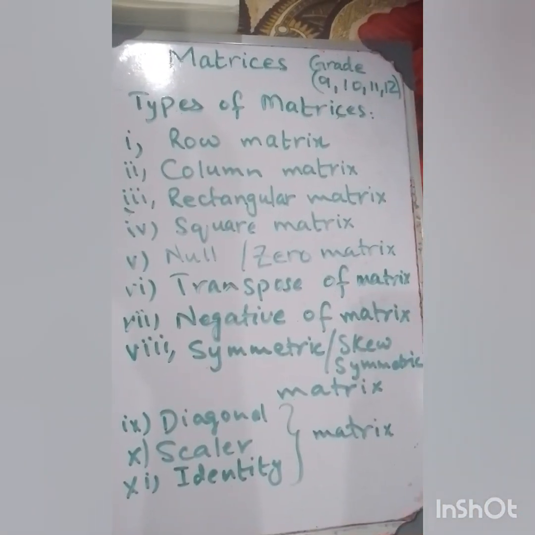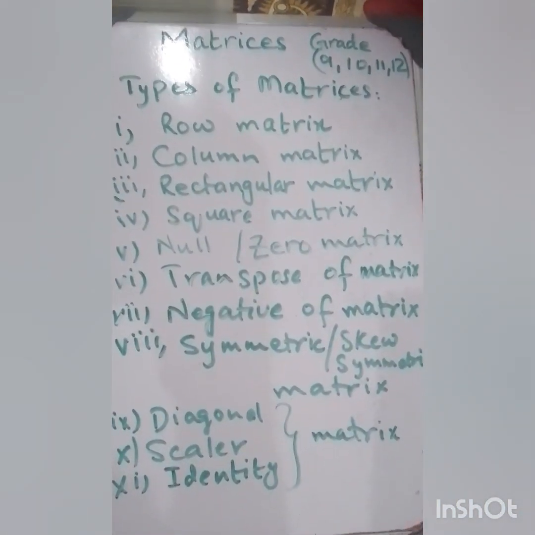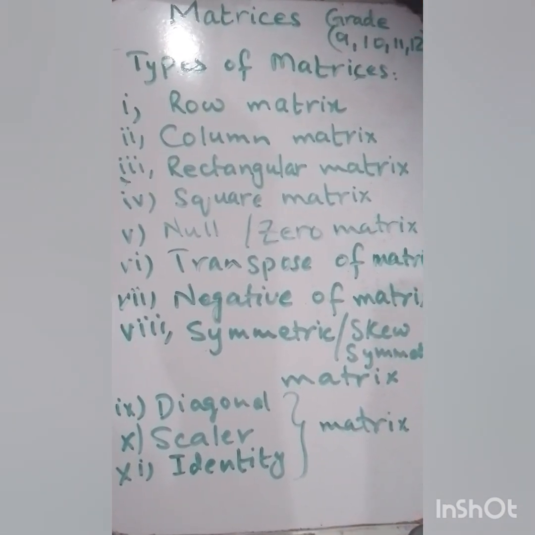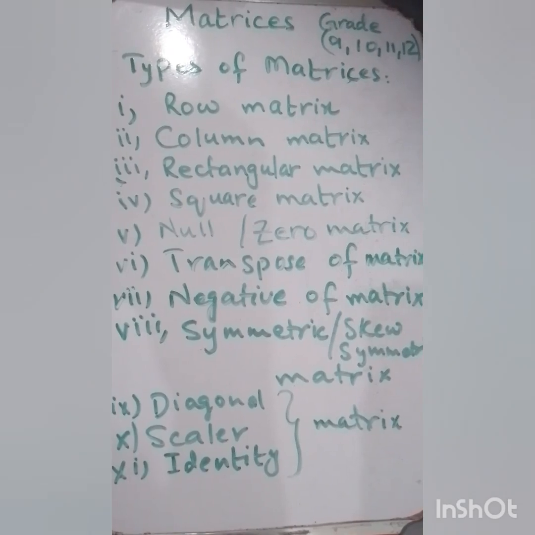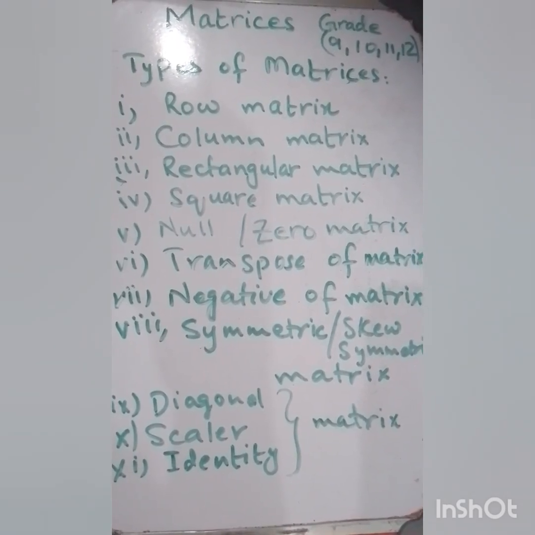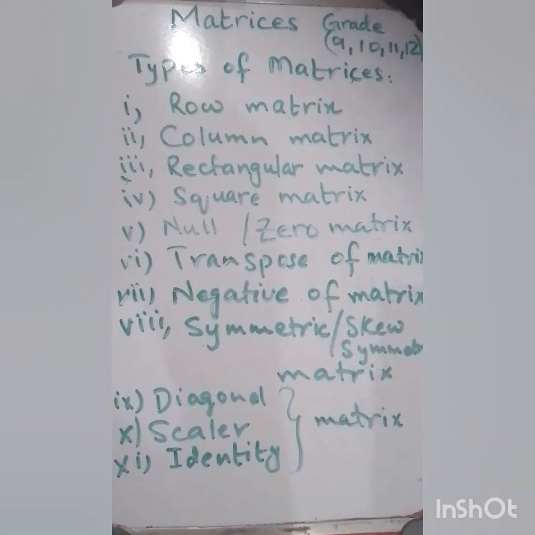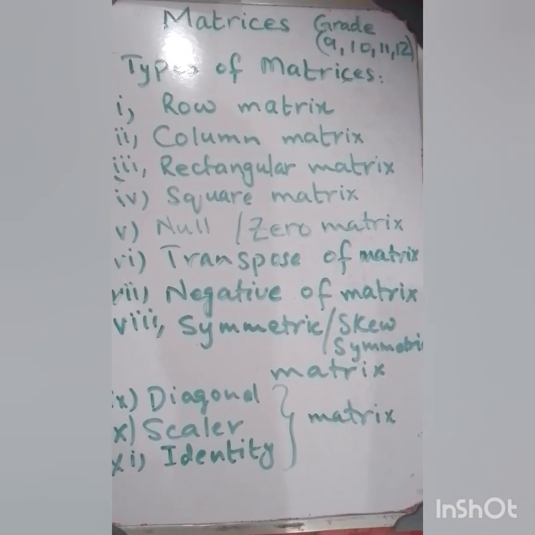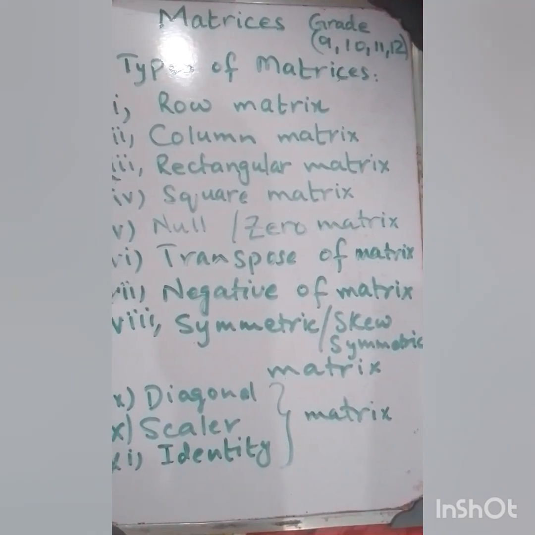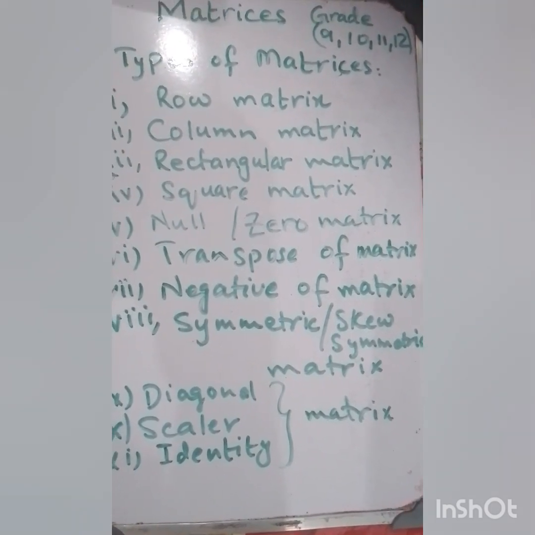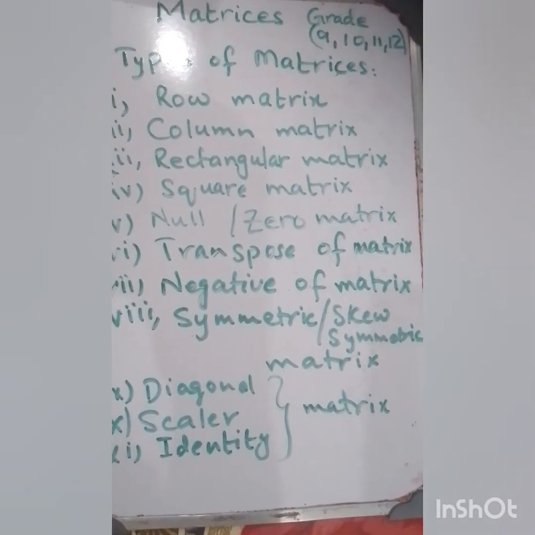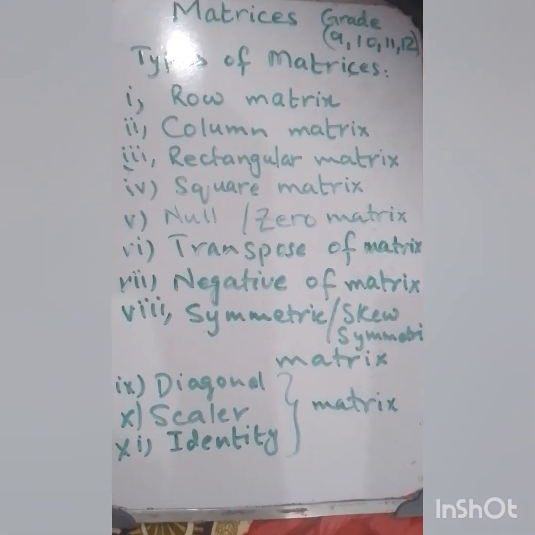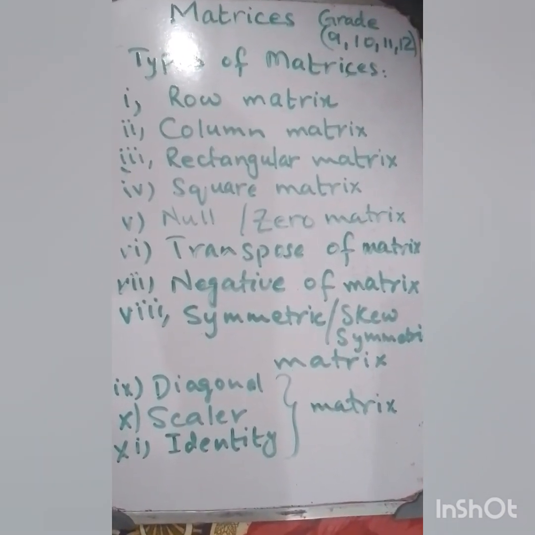Now I am concluding my video, which started with the introduction of matrices. I have thoroughly discussed matrices, their uses, their applications, their order, how equal and unequal matrices can be written, and the concept of rows and columns. These are all the basics.